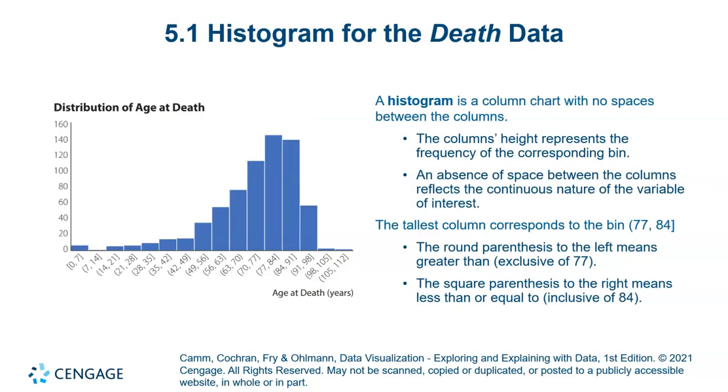Histogram for the death data for a certain place. So how the death data has been distributed. If you see over here, the death rate is higher in the ages of 77 to 84, and then 84 to 91. So let me draw this for you.